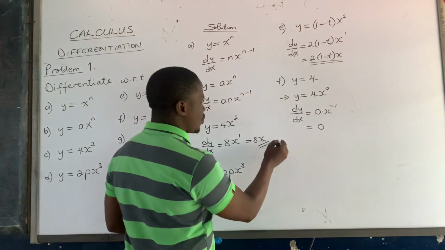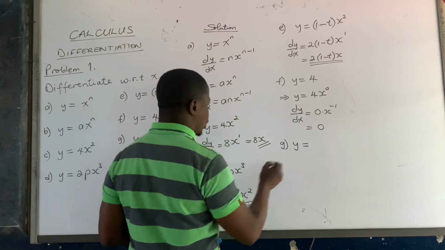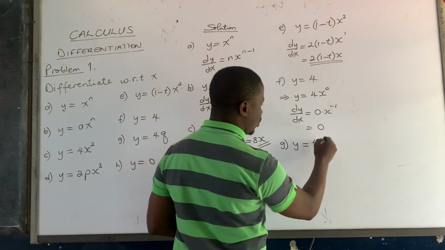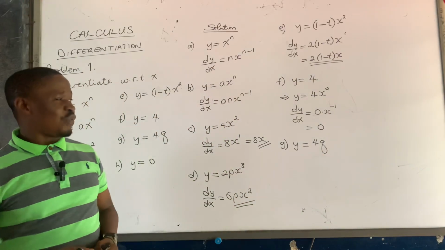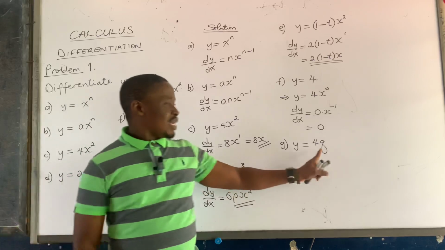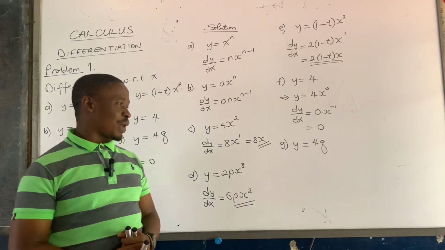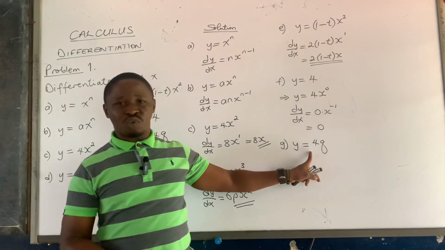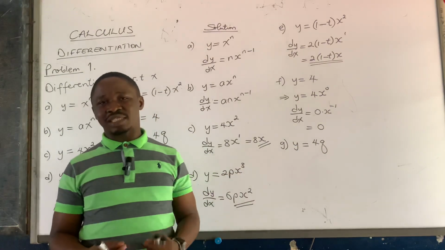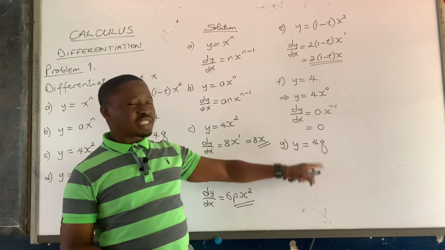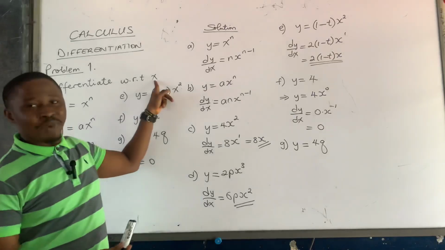Alright, so we come to G part of the question. Y is equal to 4q. Q is a letter of the 26 alphabets we have. But as far as this function is concerned, q is a constant. 4 is a constant because we want to differentiate with respect to x.